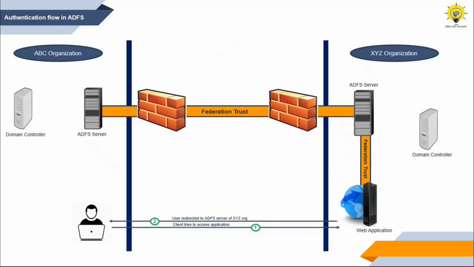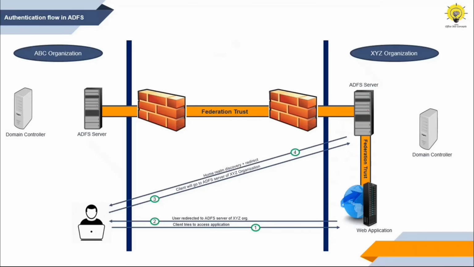In the third step, the client will go to the ADFS server of XYZ organization and will ask for permission to access the application. The ADFS server of XYZ organization will identify that this user doesn't belong to XYZ organization. So this server will perform home realm discovery to find out which organization this user belongs to.